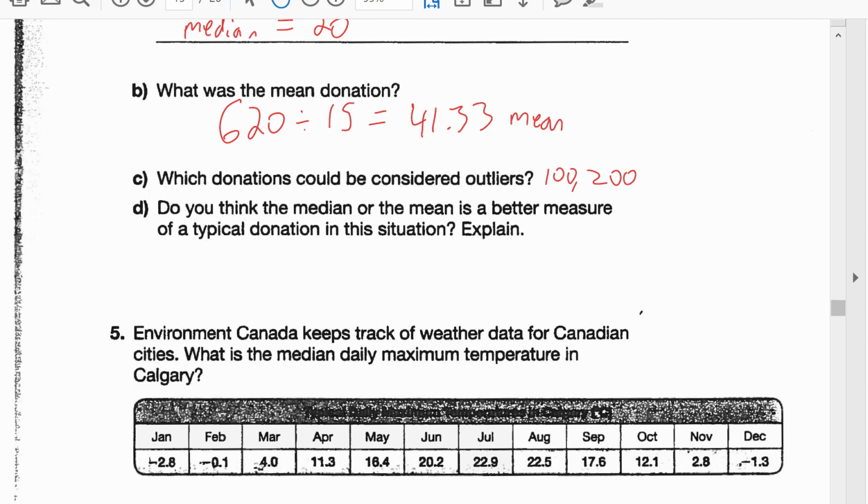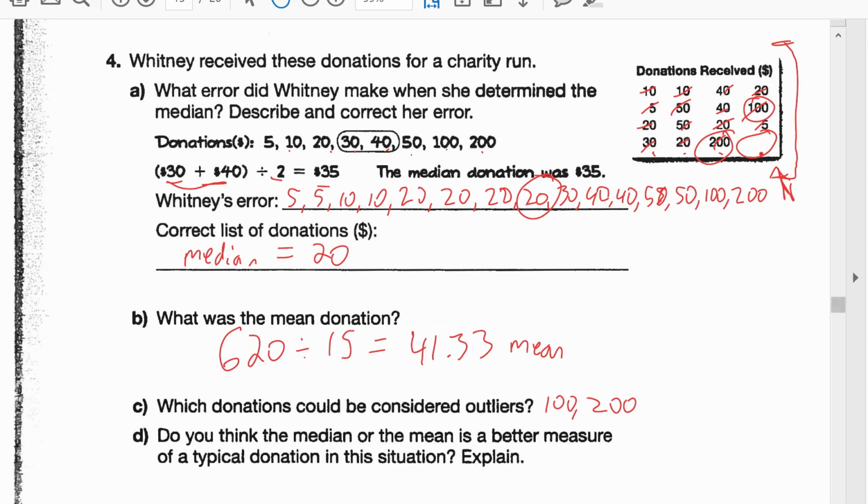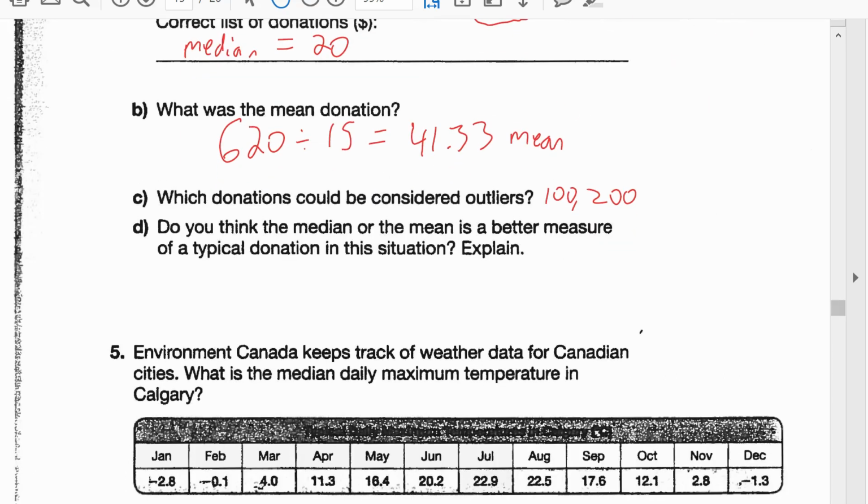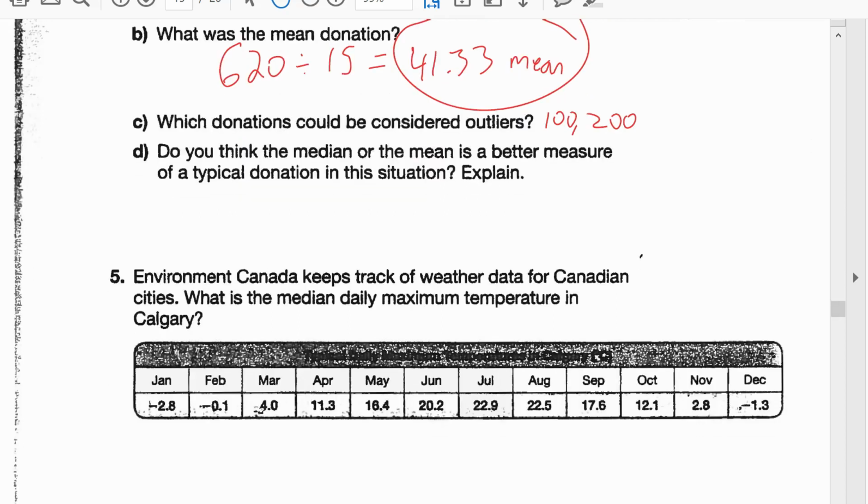If you remove the outliers, so if we got rid of these two, you'd shift it over to over here, it would still be 20. So I would think the median would be the best, because if I added all these up and divided by 13, my mean would be completely different, but my median would stay the same. So median is better.